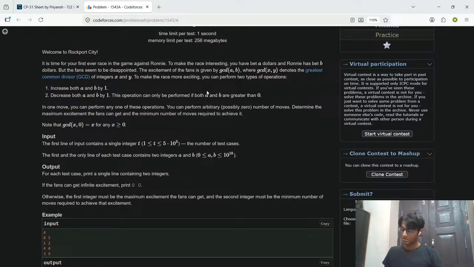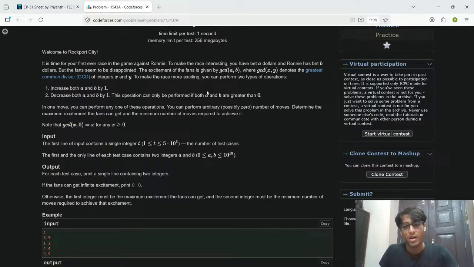Obviously, this can only be performed if A is greater than 0 and B is greater than 0. In one move, you can perform any of these operations.